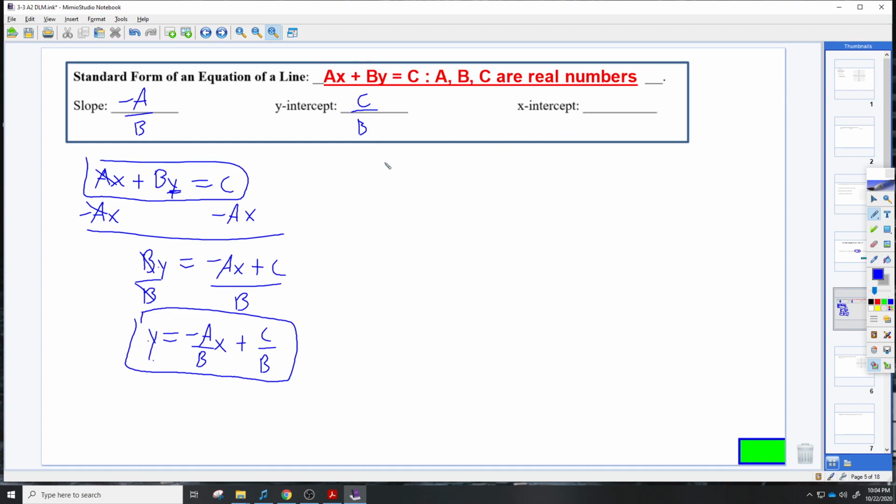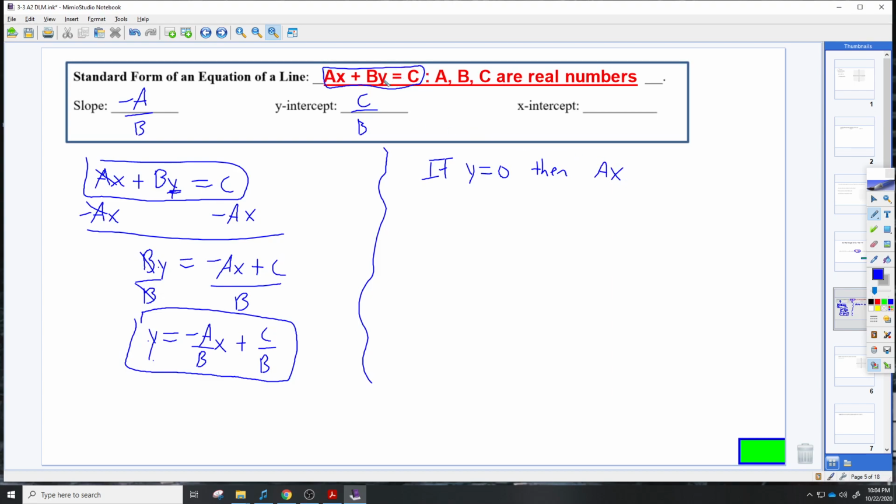And the last part, what we don't have yet, is the x-intercept. And we did this, I think, in the first section of this chapter, where we found the x-intercept by using y equals 0. So if y equals 0, then we have ax. So just pretend we're using this equation again.